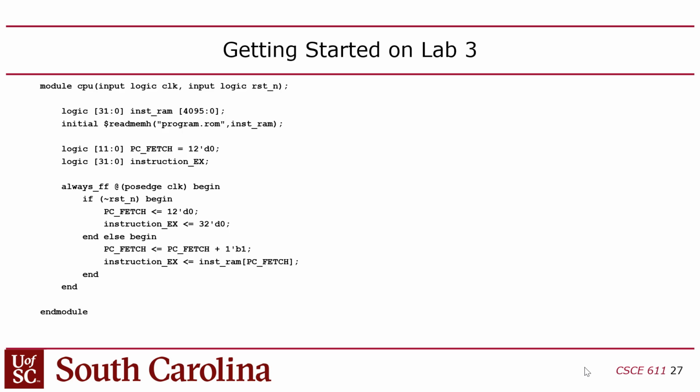But what that means is, how do you go from one stage to the other? The way that happens is through an always_ff at pos edge clock. So anything you assign in an always_ff, say you're assigning _EX, the inputs are _fetch, right? Or likewise, write back.